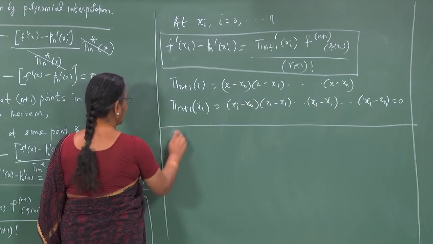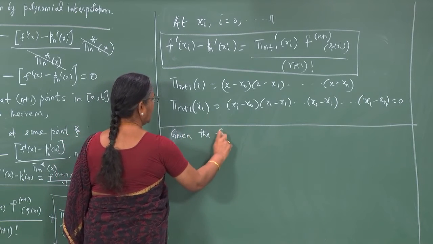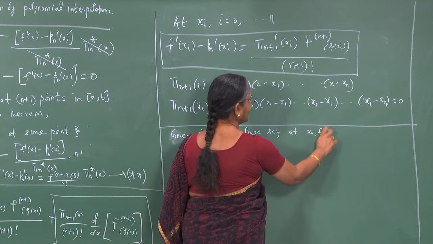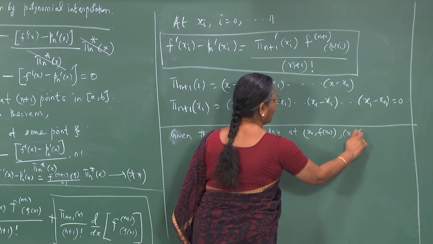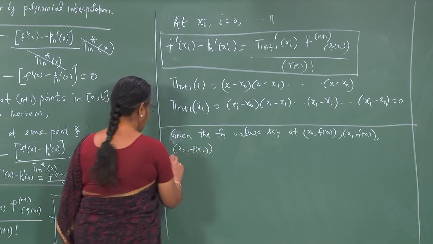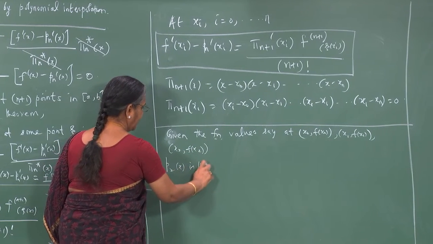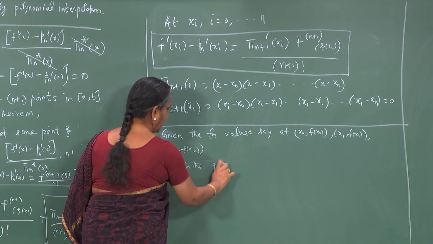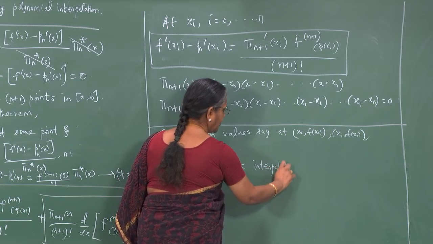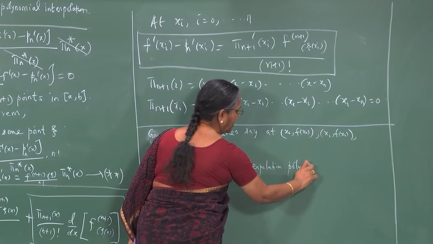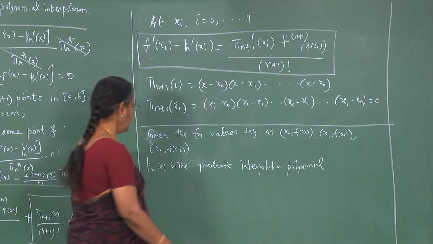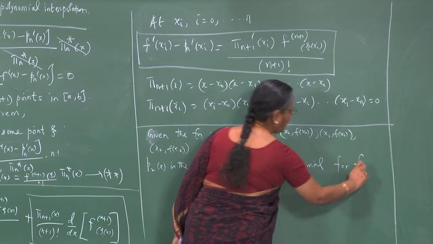Given the function values at x0, f of x0; x1, f of x1; x2, f of x2, P2 of x is the quadratic interpolating polynomial that interpolates the function at the set of points x0, x1, x2. So, it is the interpolation polynomial for the function f.